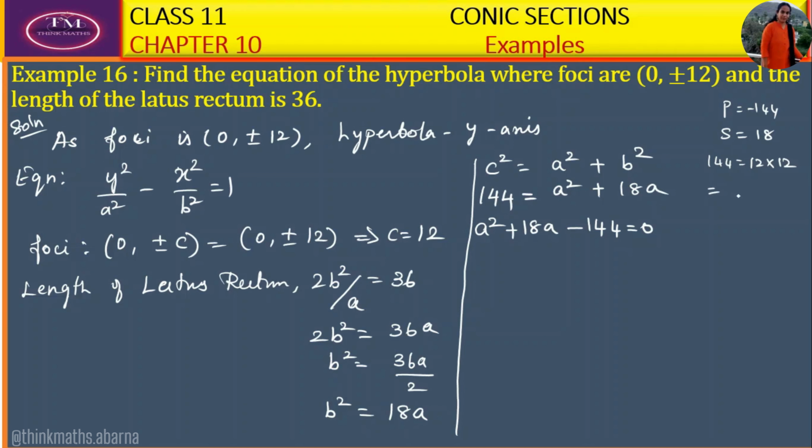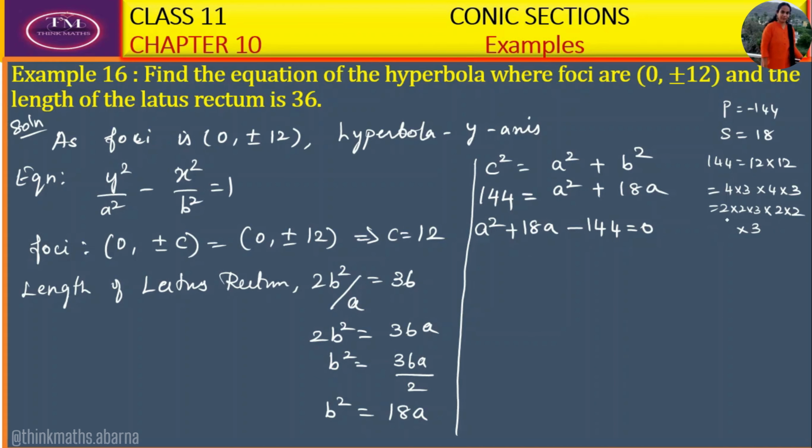So we have to find out some other product. 4 into 3 is 12. So we can write 4 as 2 into 2. Now from this we have to find two numbers such that its difference is 18 and product is 144.